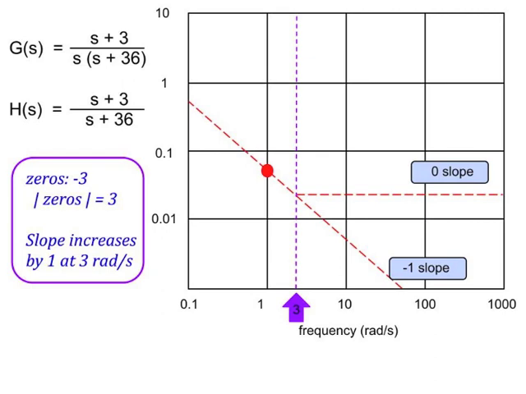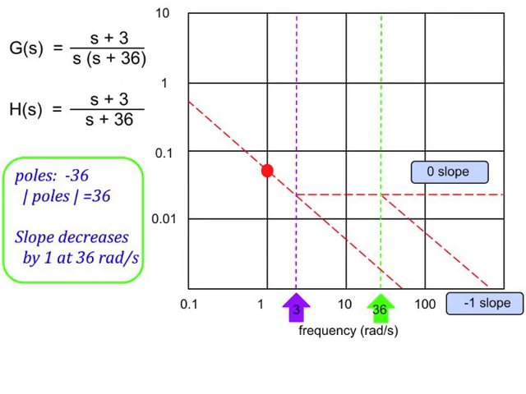The next pole or zero that we encounter as we move up in frequency is the pole at -36, and it has a frequency magnitude of 36. So we will adjust at 36 radians per second the slope again. It will go from 0 to -1.